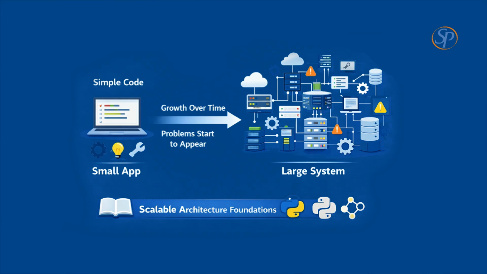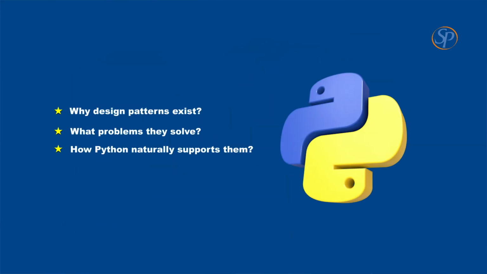Adding new features takes more time than before. This is where scalable software architecture becomes important, and the foundation of scalable architecture is design patterns. In this video, we will patiently understand why design patterns exist, what problems they solve, and how Python naturally supports them.